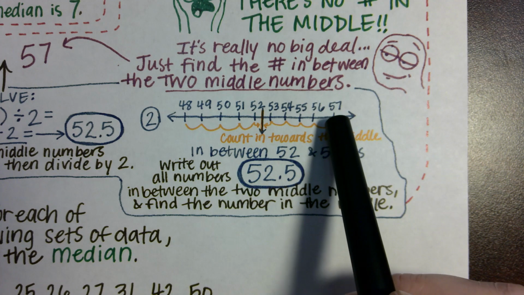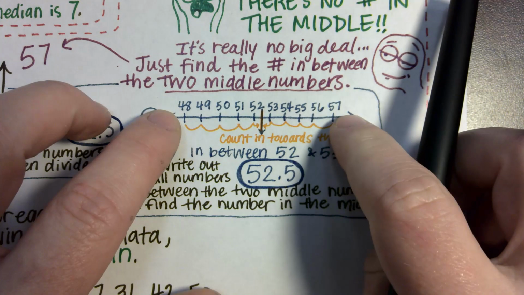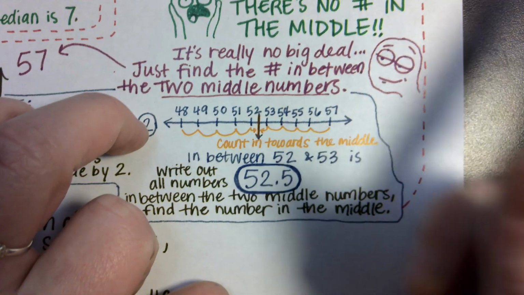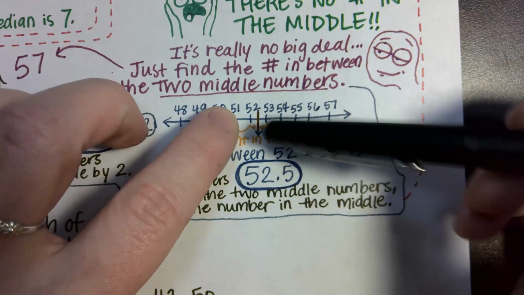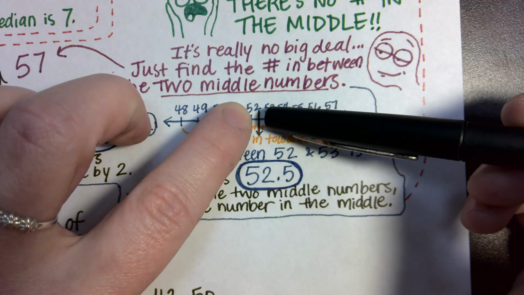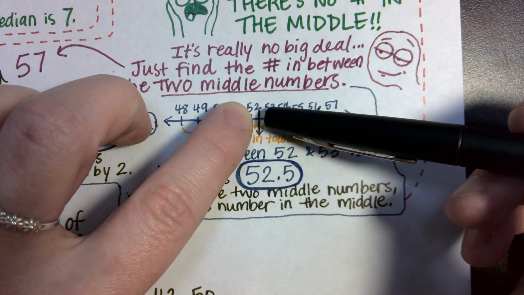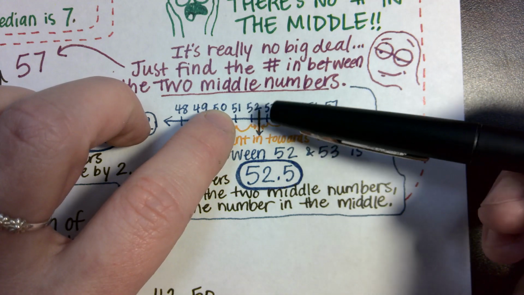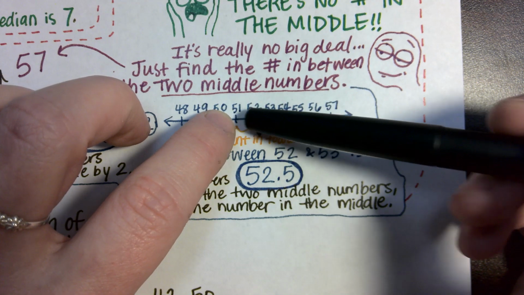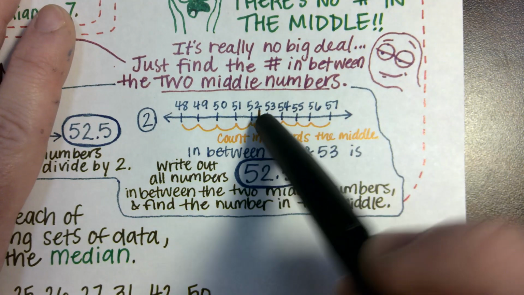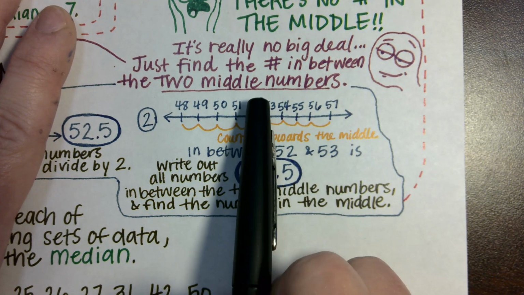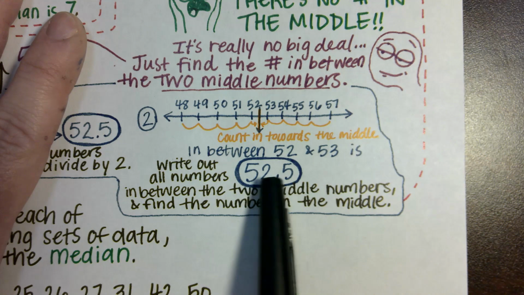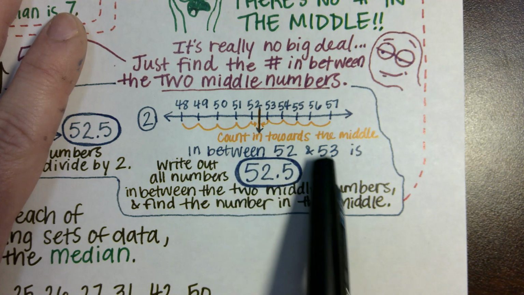And I just repeated the process from the beginning. I count inwards towards the middle, and I end up landing on 53 and 52. There's no middle number again. So if you land on two numbers beside each other like this, 52 and 53, we just pick the number that is in the middle of those, which would be 52.5.